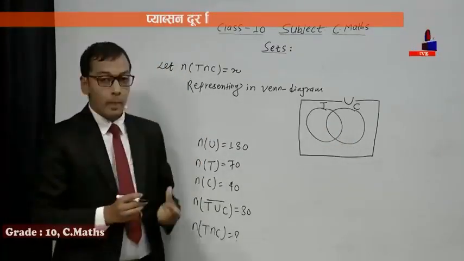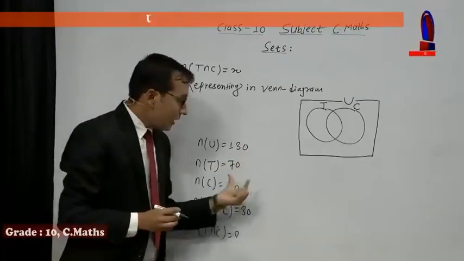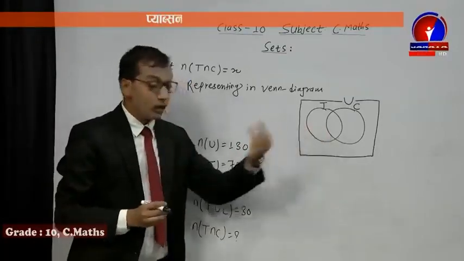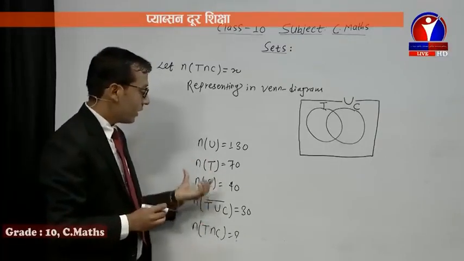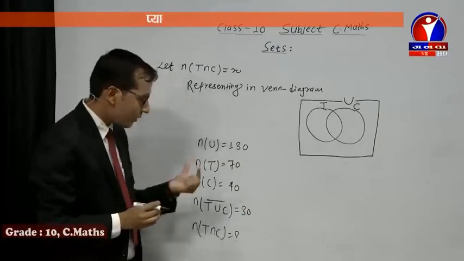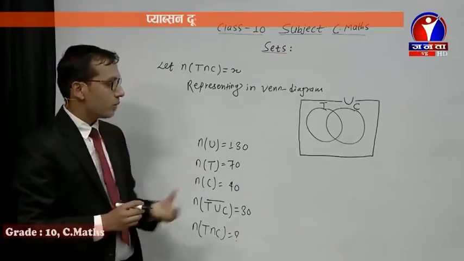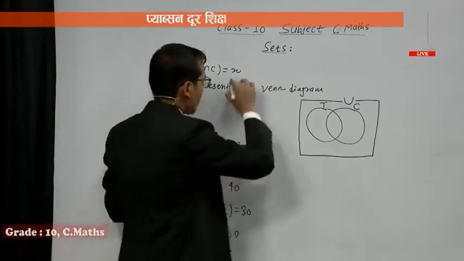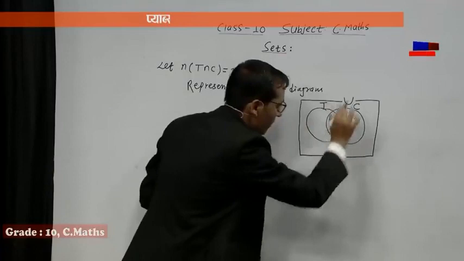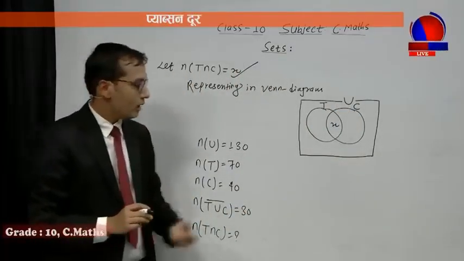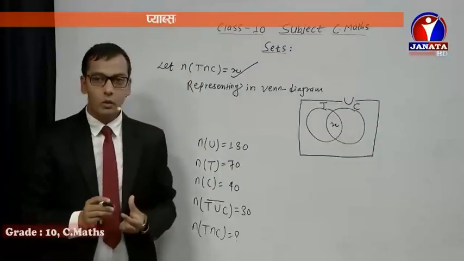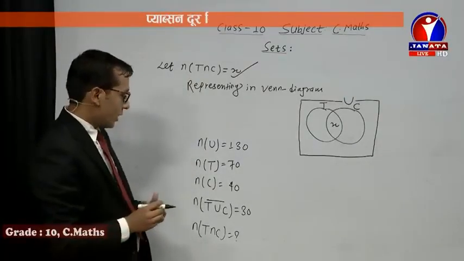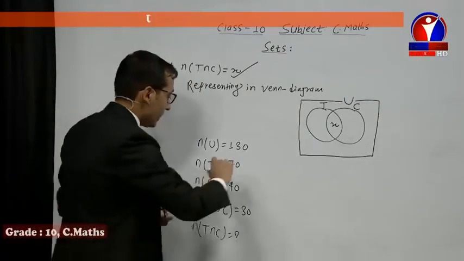Now I'm starting to explain how to insert the cardinal numbers of the different sets in a diagram. We begin from the intersection of two sets. What is the intersection? X. So let's insert X in the common region of the two sets T and C. What is the total N of T?